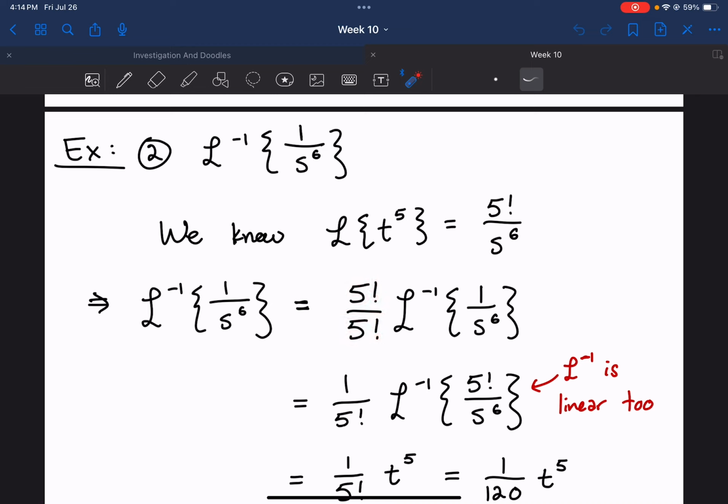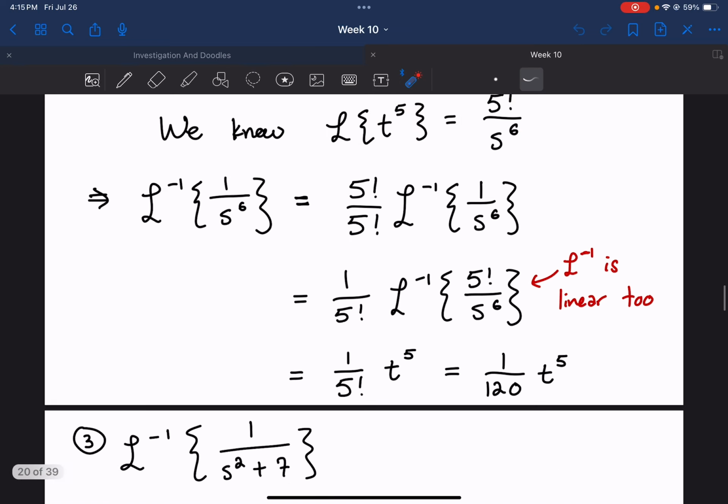L inverse is also linear. We can pull this 5 factorial in and leave this one outside. So we pull the numerator 5 factorial in, leave the other one outside, and now the inside is exactly this, which means the inverse Laplace transform of 5 factorial over s to the sixth is t to the fifth.